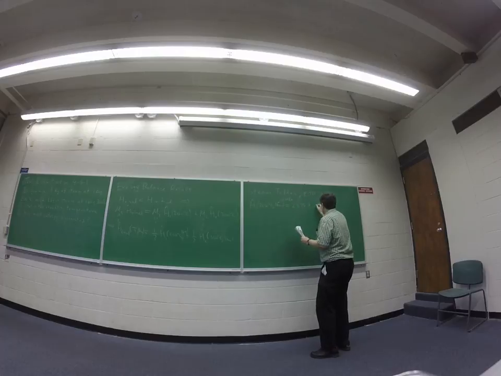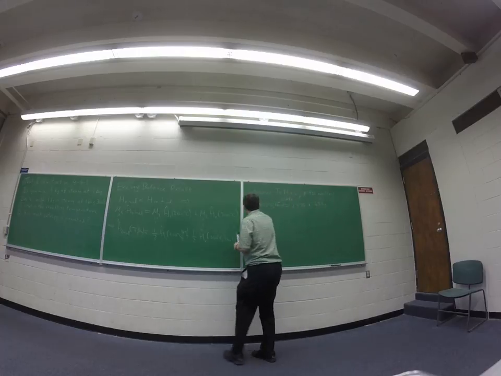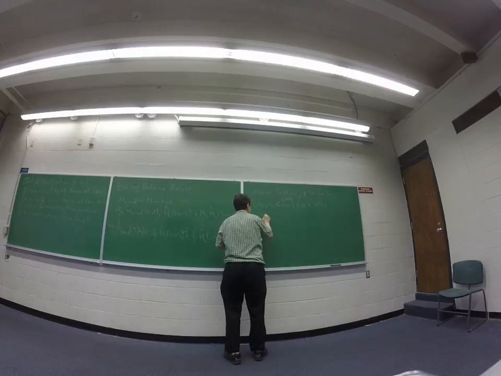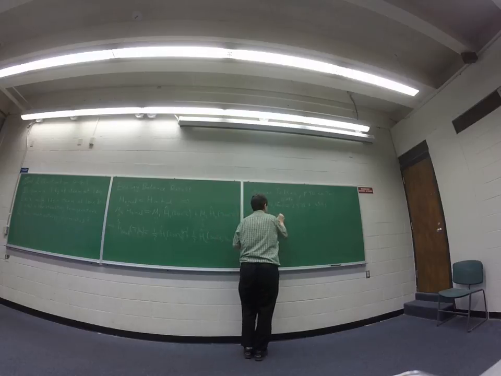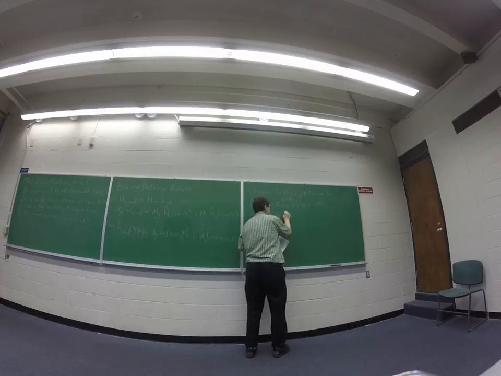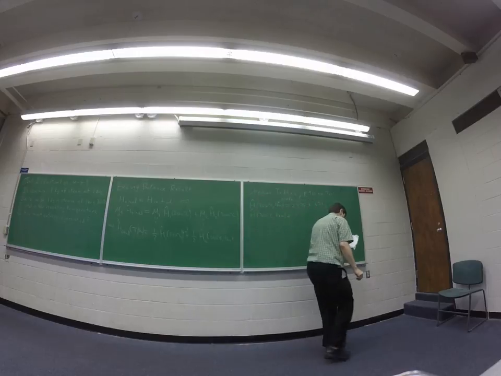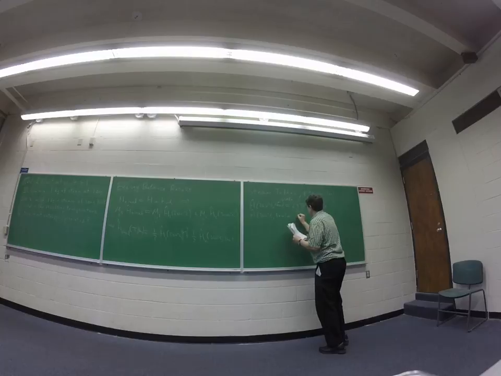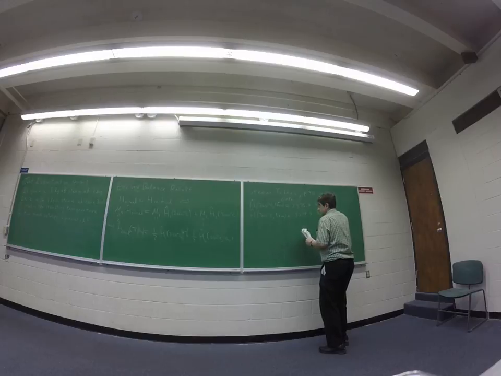75.3 kilojoules per kilogram. And H hat at 300 degrees C, 1 bar, is 3074.3 kilojoules per kilo.